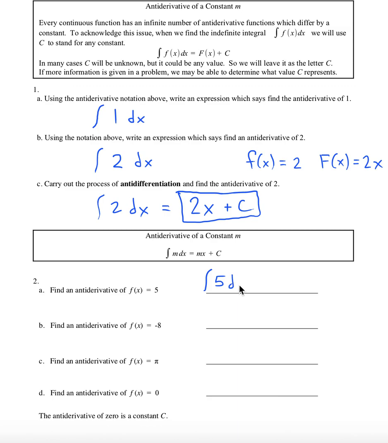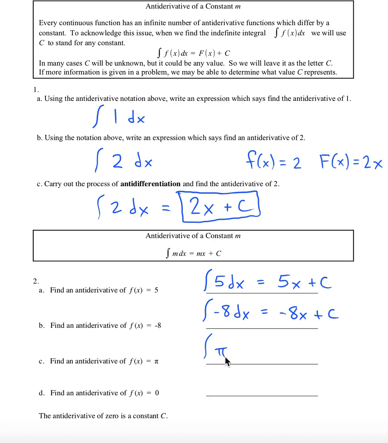The antiderivative of 5 is 5x, and then we'll put plus c. To find an antiderivative of negative 8, just attach it to x, and then put plus c to finish the problem.